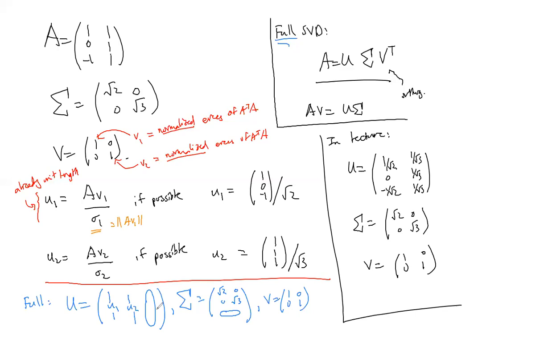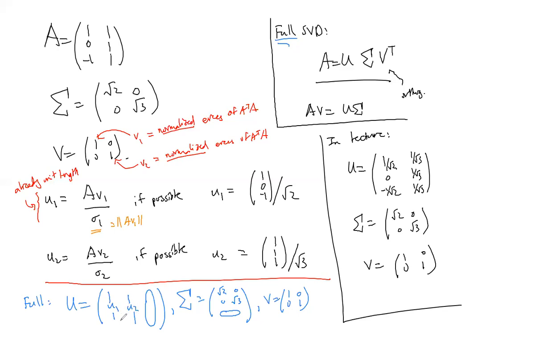So what conceptually is going on is that U1 and U2 are bases for a certain space.